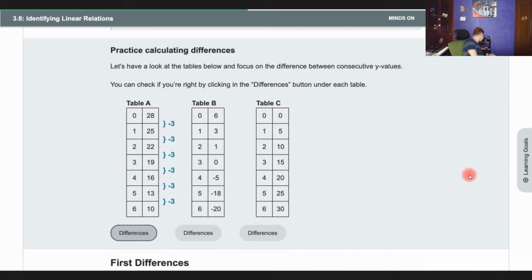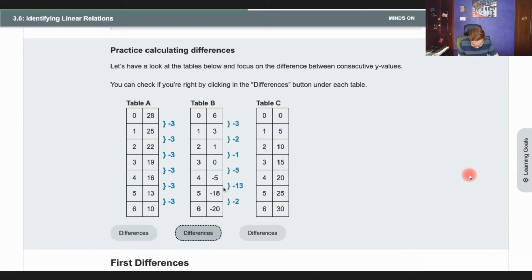For table B, it's minusing 3, and 2, and then 1. And then it's like minusing 5, 13, and minus 2, so it's a non-linear relation. Table C is just adding 5 each time.